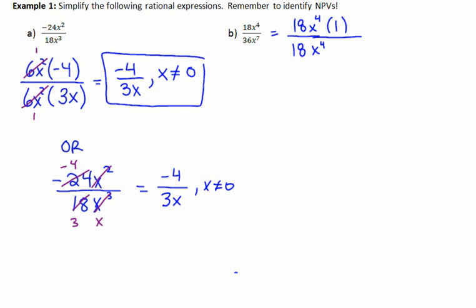Start with that. 2, and then we're going to have x to the cubed. Remember, we add our powers when they're the same base being multiplied. And now what can cancel out? 18x to the 4, so we're left with 1 over 2x cubed, and x can't be equal to, looking at our original, 0.